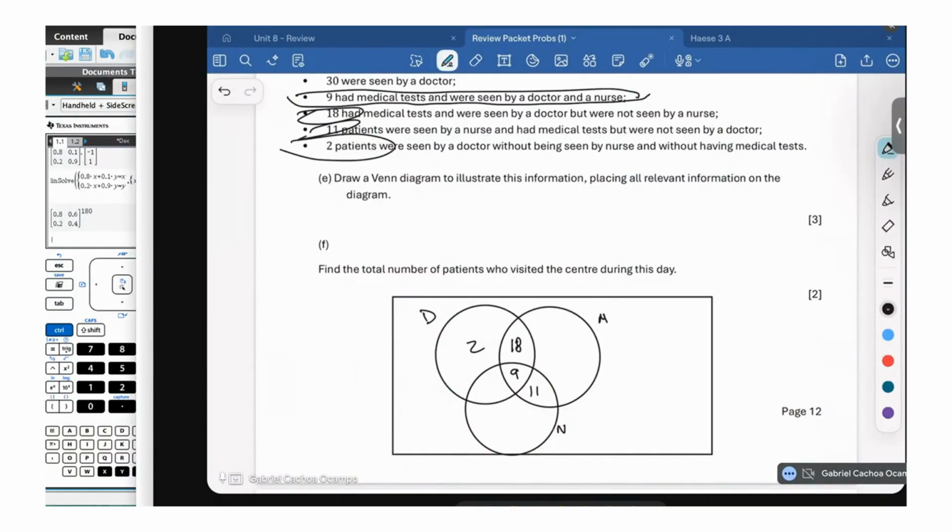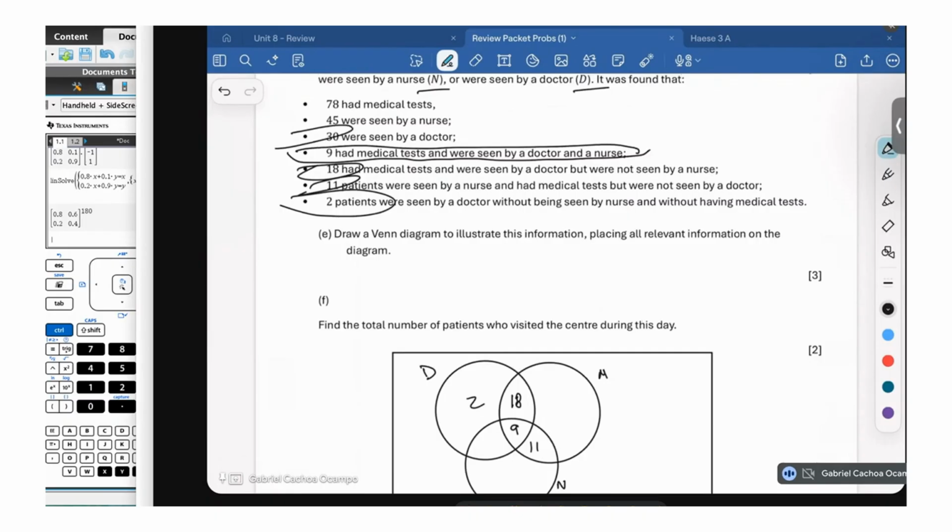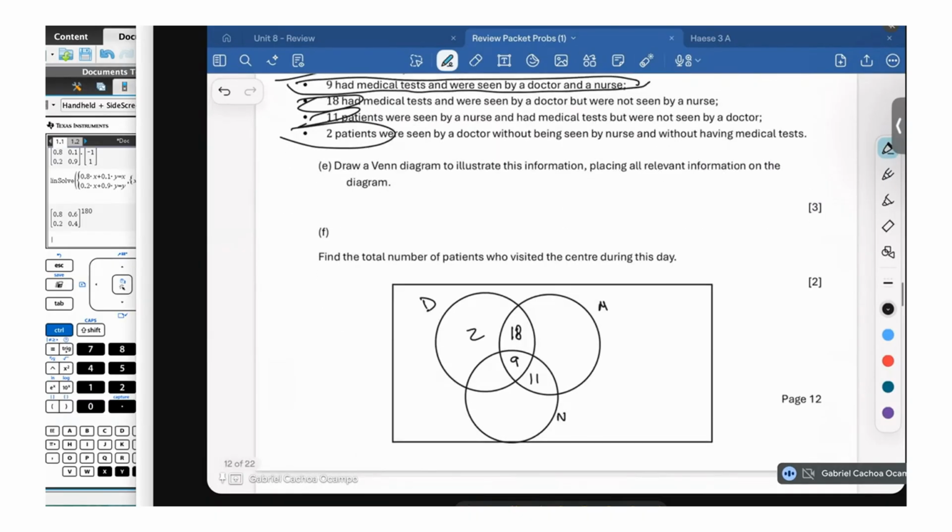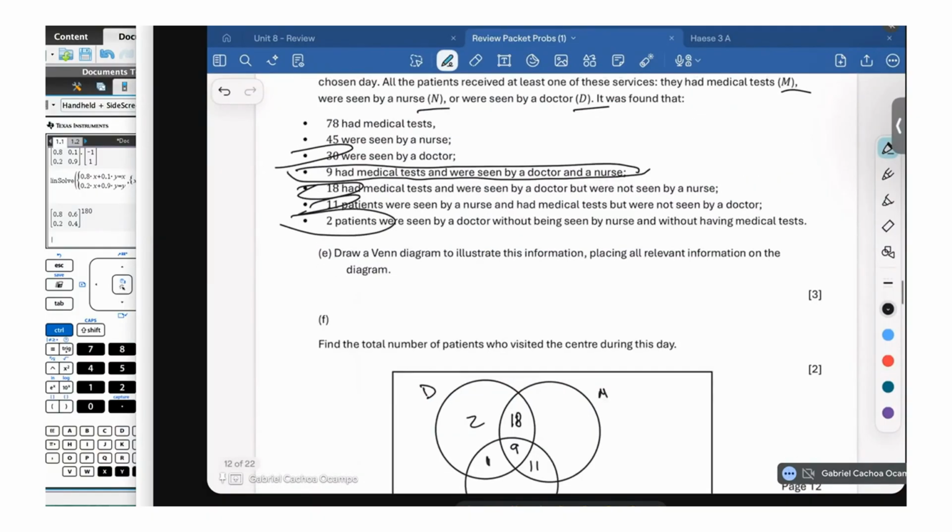Then we have that 30 patients were seen by a doctor. So if 30 patients were seen by a doctor, it should add up to 30 in this ball. So this is 2 plus 18, 20, plus 9, 29. So I need 1 in here, that would be 30. 45 were seen by a nurse.